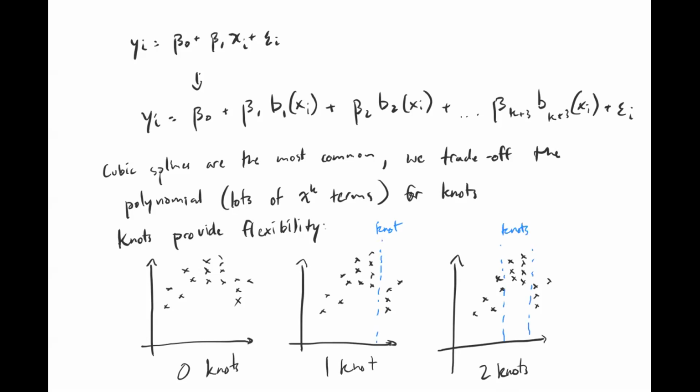Your fit would look different depending on how many knots you have. We'll see examples of this, but essentially, as you add more knots, you're increasing the flexibility of the model to do more curvy things.